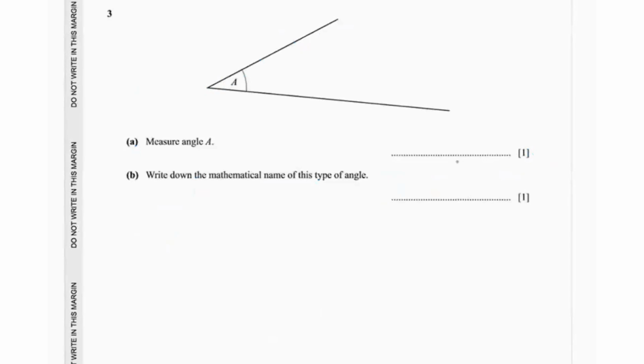Question 3 says measure angle A. So for this, what you would do is put the center of the protractor at this point, and from your horizontal line at the bottom, you would start measuring till the point where the line lies on the protractor. So it's going to be an acute angle. It's probably something around 30, since I can't measure this online.